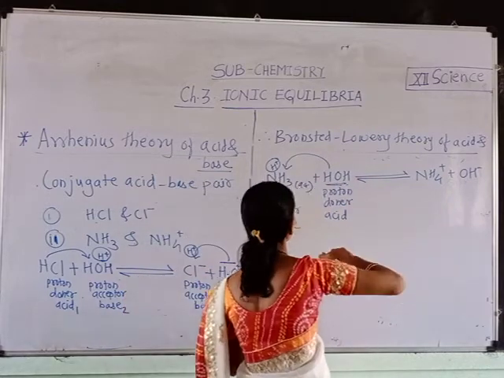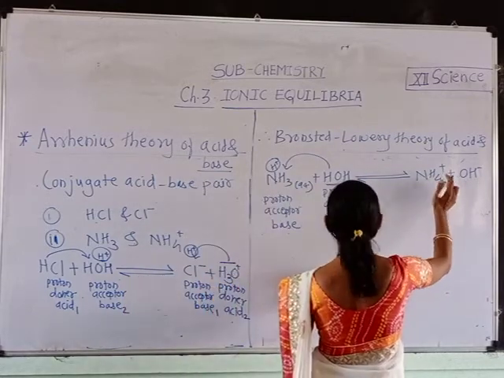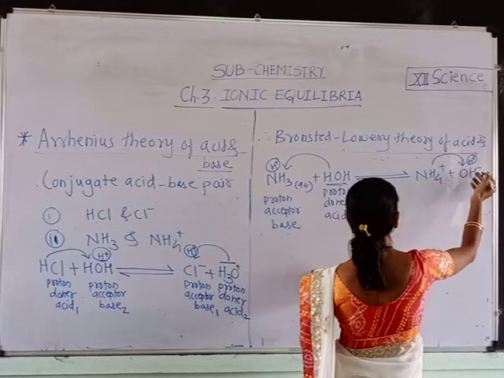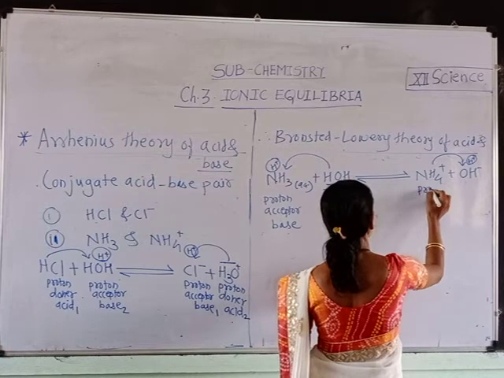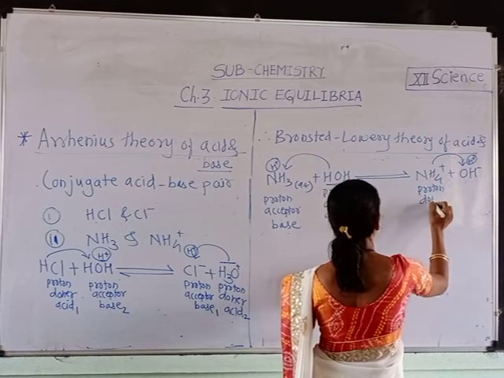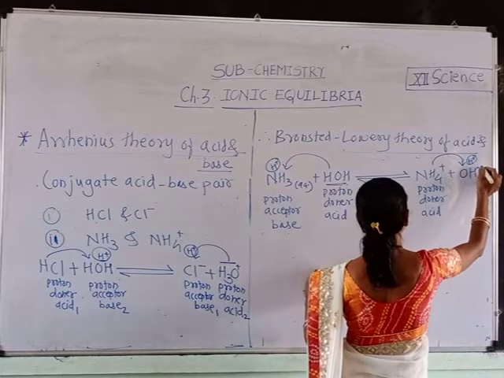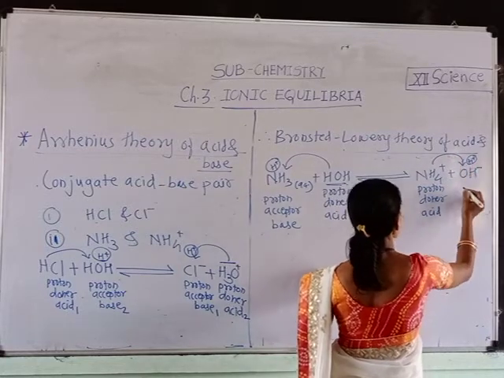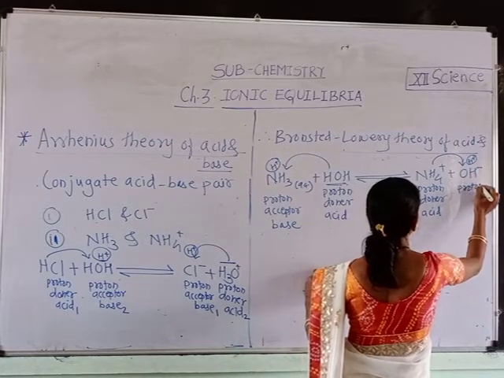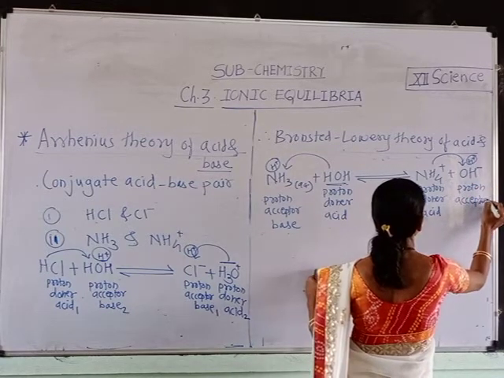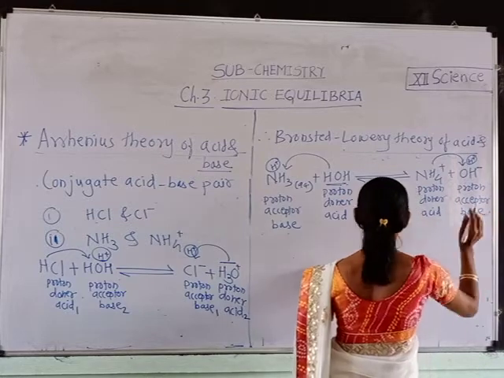And in the reverse reaction, NH4 plus donates H plus ion to the OH minus ion, therefore it is a proton donor, therefore it is an acid, and OH minus ion accepts proton from NH4 plus, therefore it acts as a base.